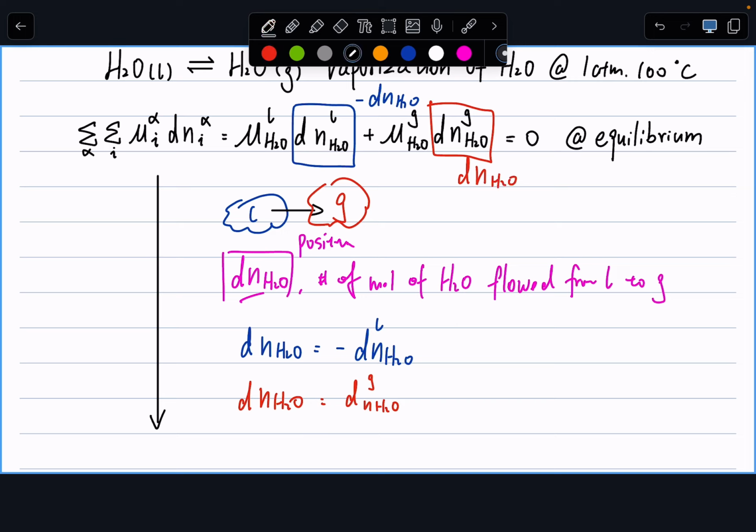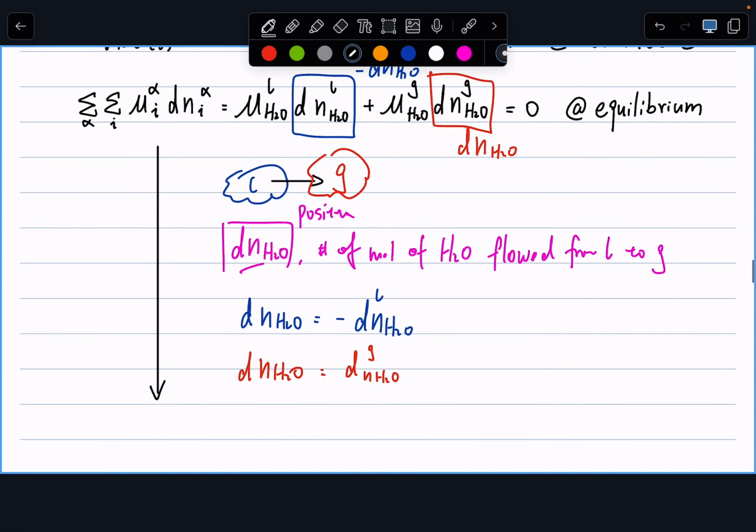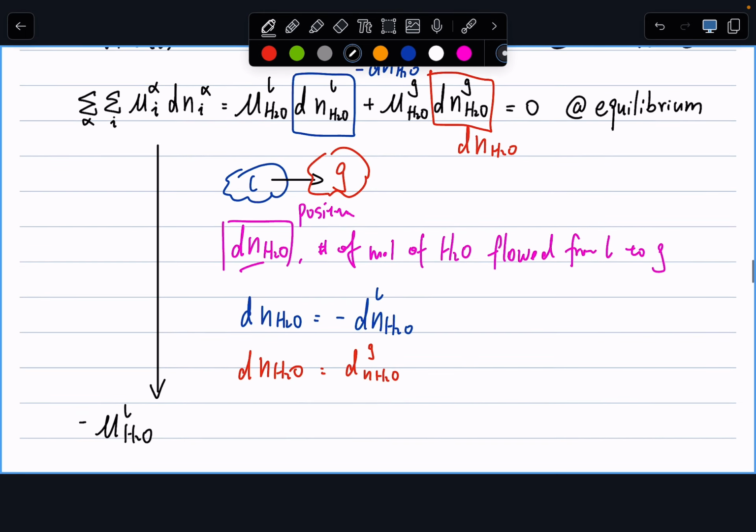Right, so what we end up getting is this expression: mu L H2O, with a negative in front, times dnH2O, plus mu G H2O times dnH2O equals 0.